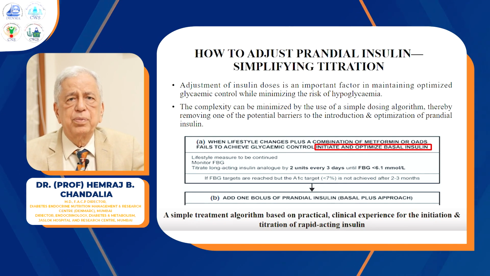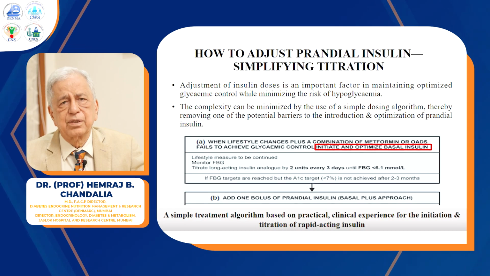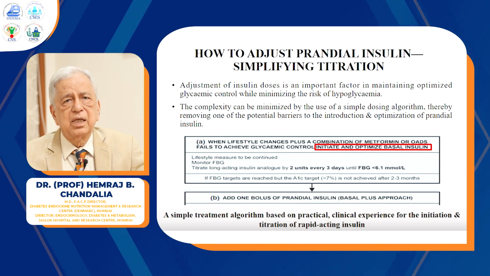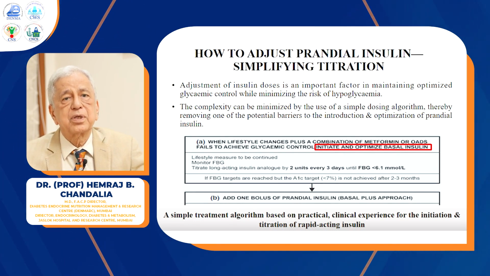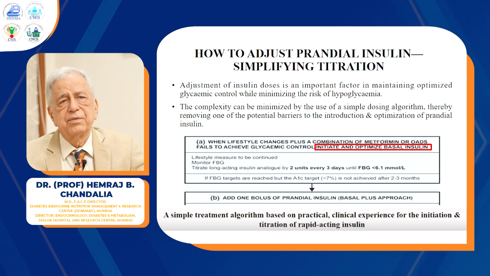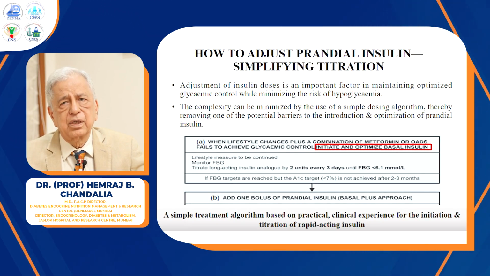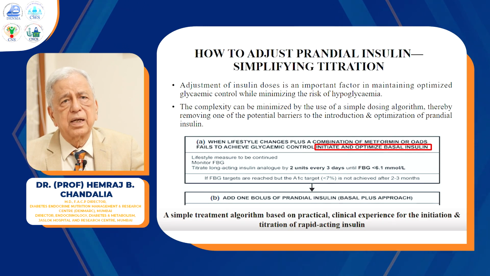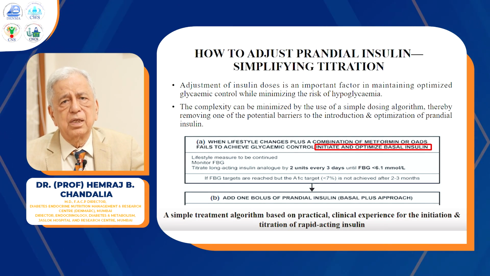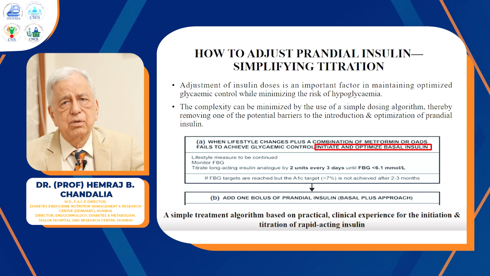Because underuse of basal insulin will foil your attempts to get very good glycemic control. Remember that in final insulin doses, the basal insulin makes about 40 to 50% of the total dose, while the prescriptions we see very often are deficient in the doses of basal insulin, and therefore adequate control is never reached even after adding prandial insulins and adjusting them. So please exploit the basal insulin and its qualities before you initiate prandial doses.